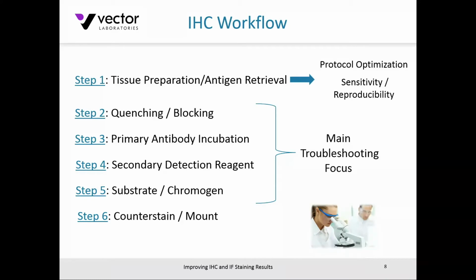What I mean by that would be potentially fixation, cutting of the sections. This may or may not be under your control, depending on the setup where you might be in a CRO organization. You might just be handed a block of tissue and told to work a miracle on it and generate staining. So I understand that some of those things might not be under your control. But nonetheless, something like antigen retrieval probably is.